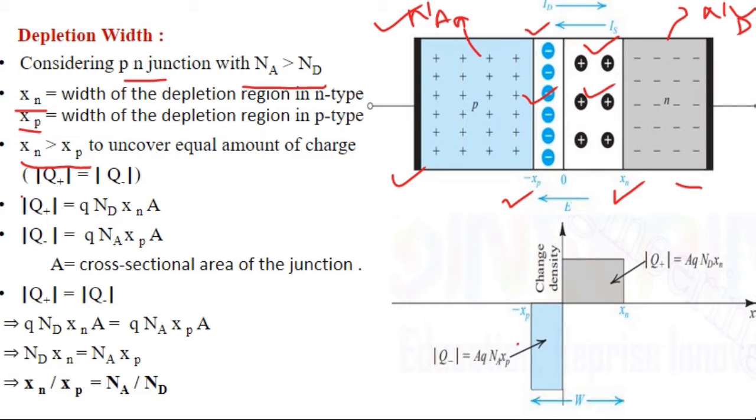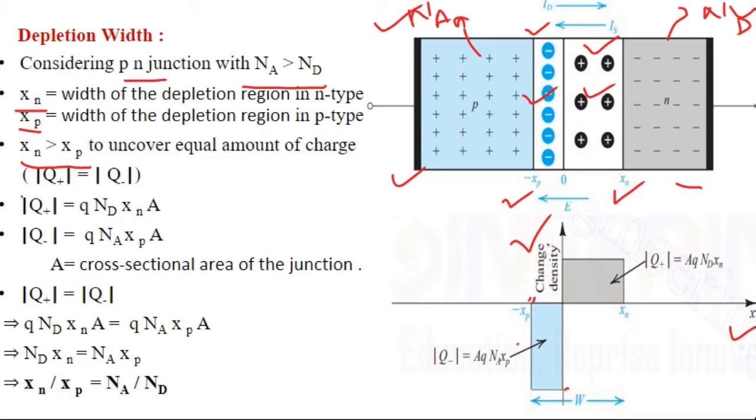Here we can plot a graph between the charge density with respect to the distance across the semiconductor, or we can say the length of the semiconductor. It will look like this. From Xp we can plot a graph. Here your number of negative ions increases, and till what does it increase?